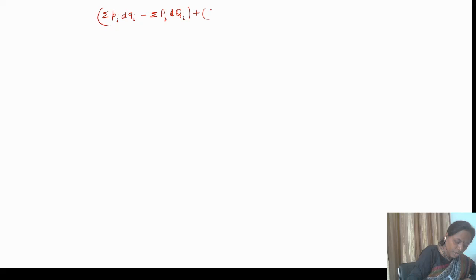In this fifth equation, if I write sigma pi dqi in place of qi dot, because it will be dqi dt, so I am ignoring this dt from the whole equation. Sigma pi dqi plus k minus h is df, right?